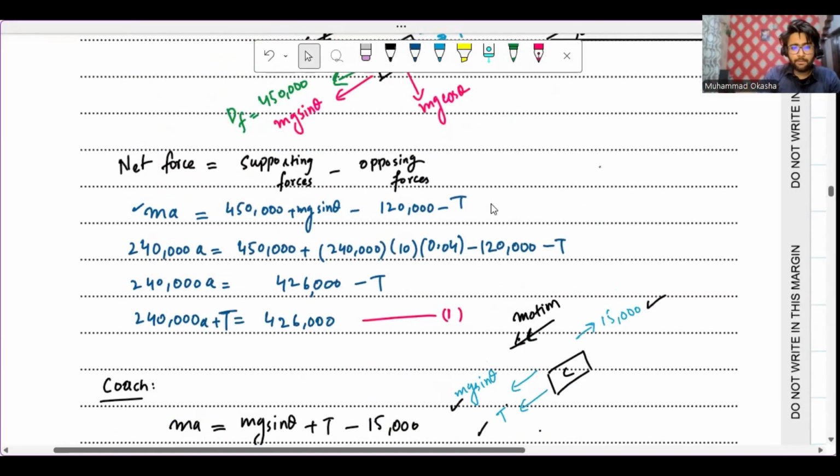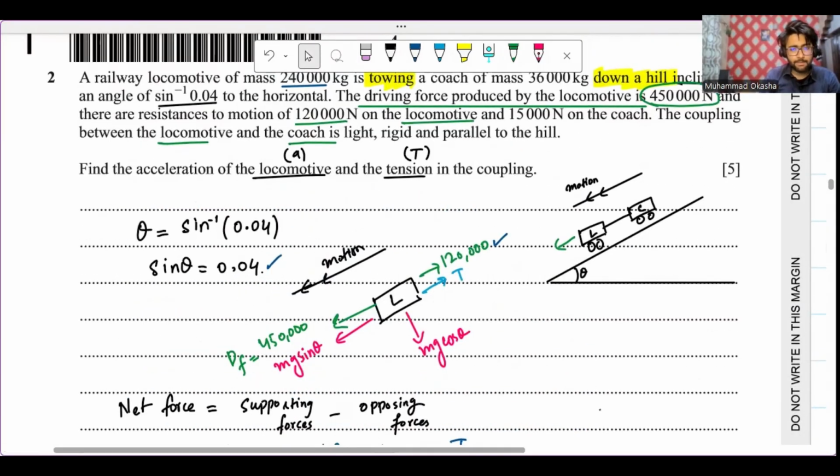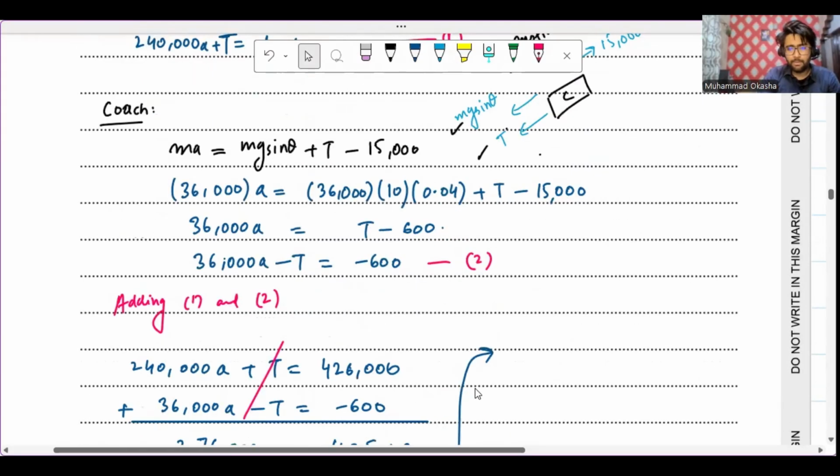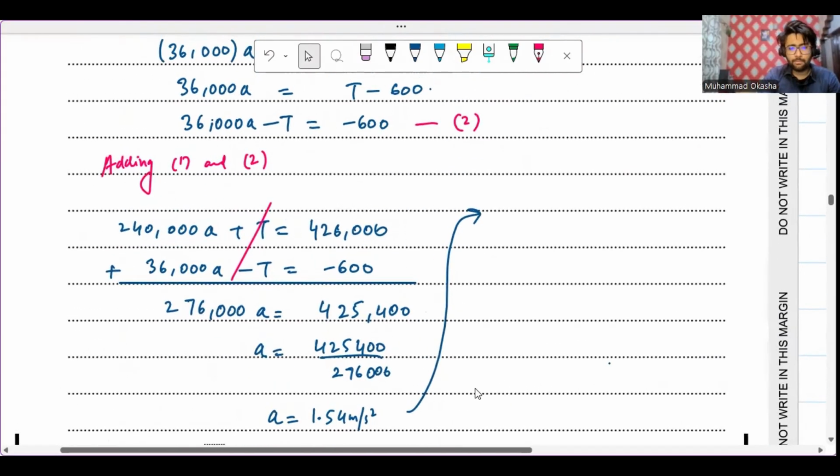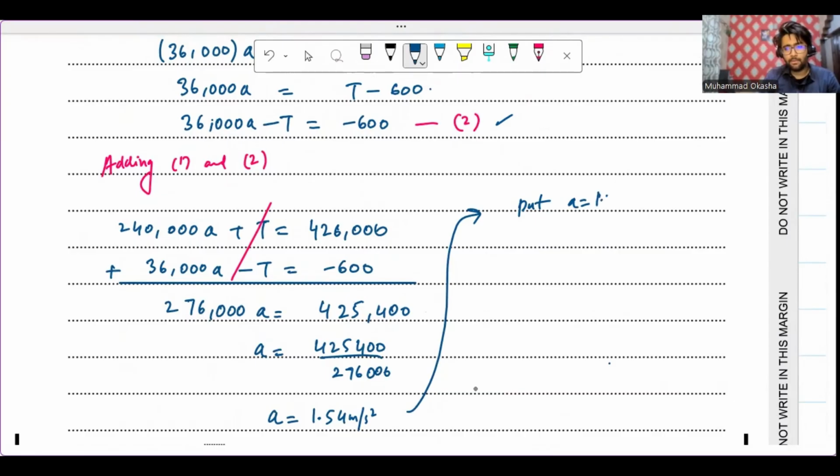We needed to find the acceleration of the locomotive, which we just did. Now we need to find out the tension, and tension shouldn't be a problem. You can put this either in equation 1 or in equation 2. I'm going to put A equals 1.54 in equation 2.